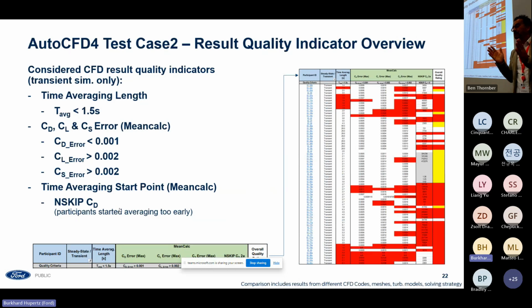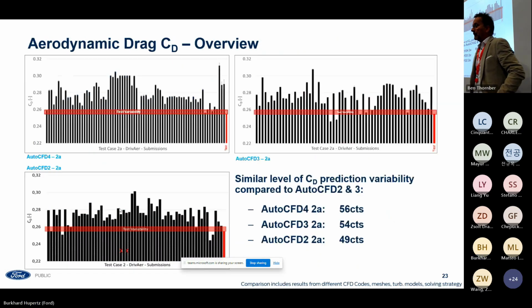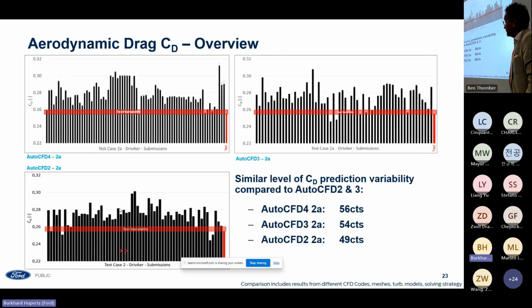And that's just my personal setting, I would say if you're not running more than 1.5 seconds, then from all the experience I have, your results will not be reliable enough. So I think that's something we need to pay more attention to. The yellow stuff was something where I had the feeling that mean calc has not been correctly applied and numbers were a bit dubious, so something we need to check perhaps. From an overall result perspective, things are not really changing so much.